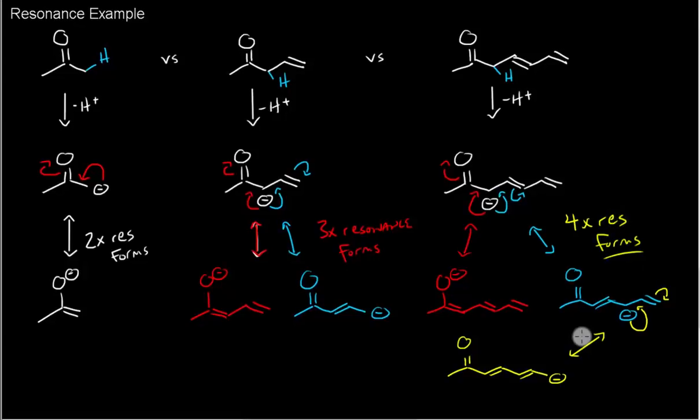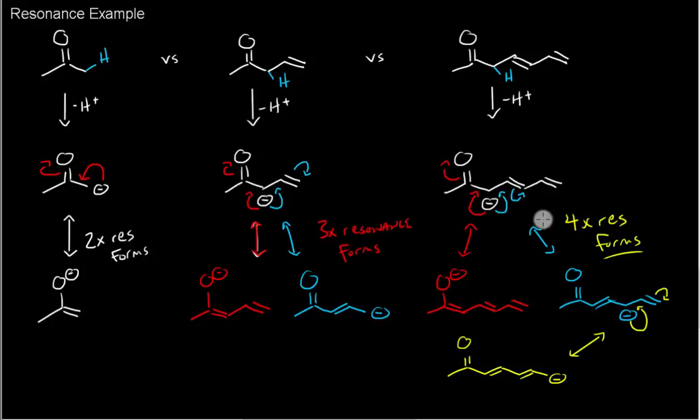Okay, so in this case, if we were to predict the most stable conjugate base, it's going to be the conjugate base with the biggest backyard. That means the molecule with the most resonance forms. So in this case, this has 4, this has 3, this has 2. And of these 3 possibilities, this one on the right gives the biggest backyard to the electrons.